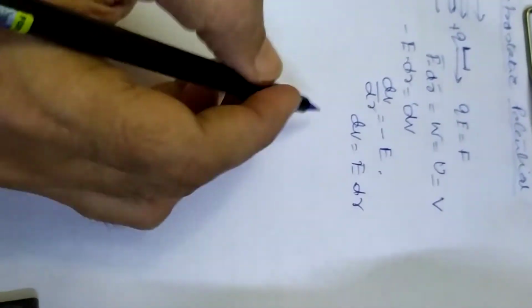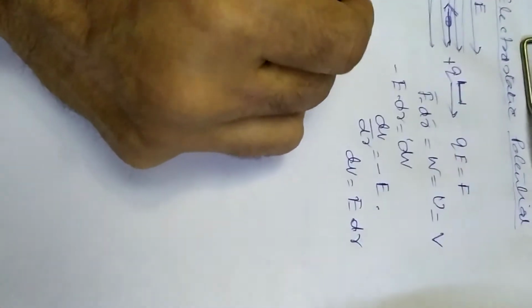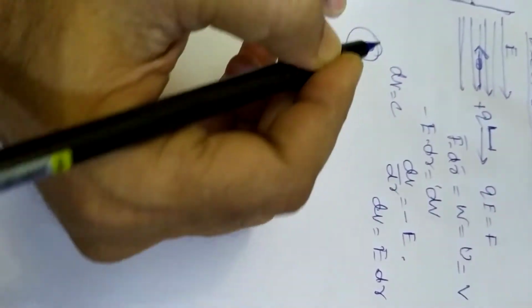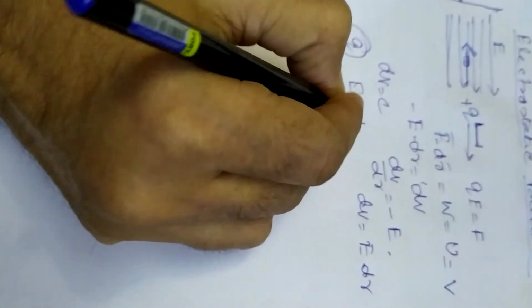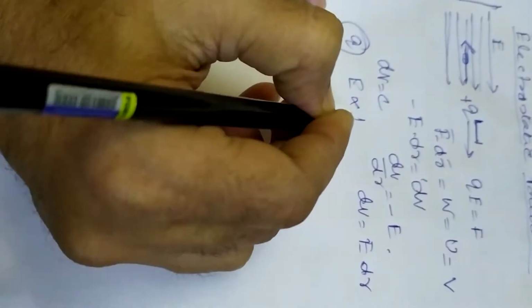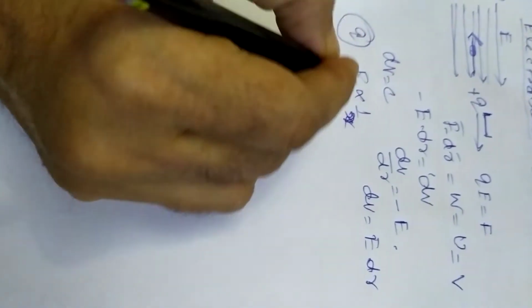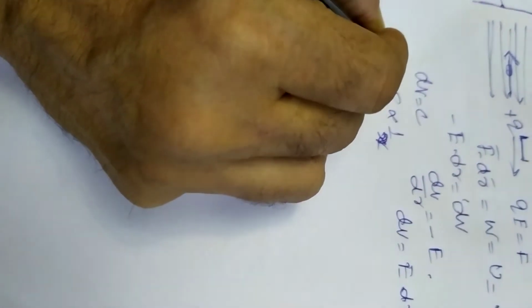Now suppose we have taken a charge Q, and suppose this dV is 0, so this is constant. The electric field is inversely proportional to the distance x or r. So the electrostatic field at a very small distance will be very large, correct?